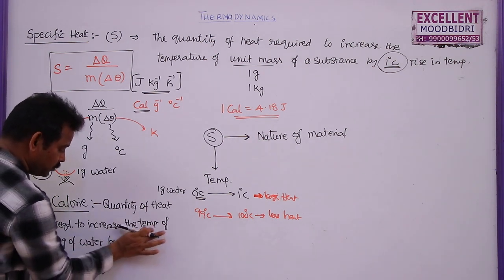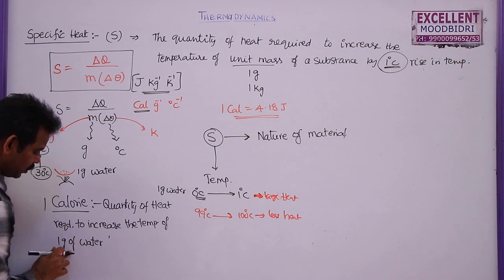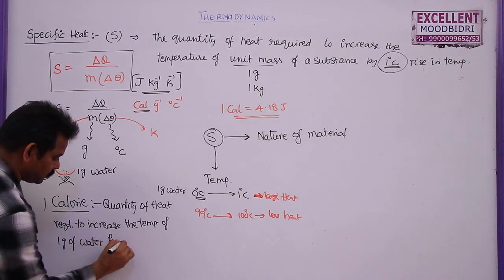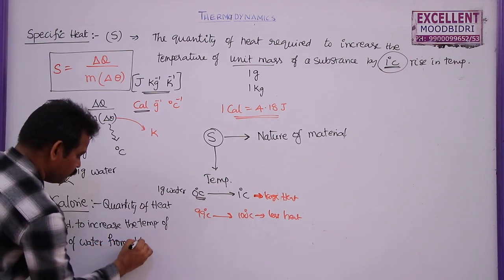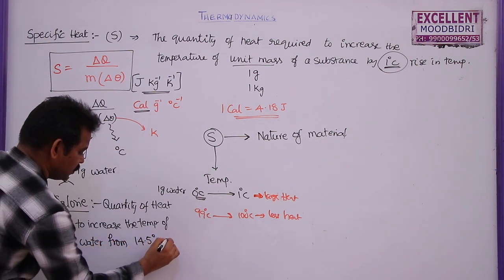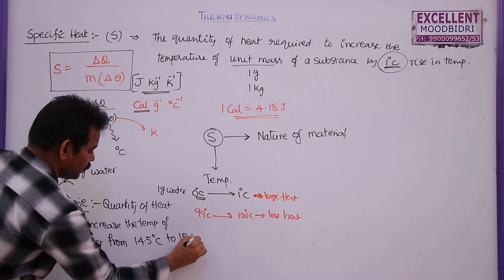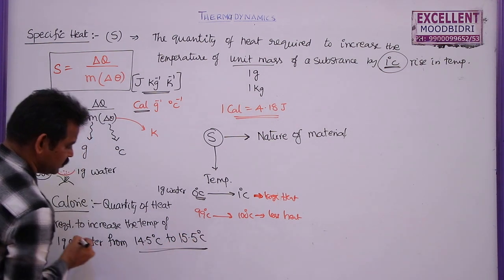But what is this 1 degree centigrade? The exact limits are given here: 1 gram of water from 14.5 degrees Celsius to 15.5 degrees Celsius.